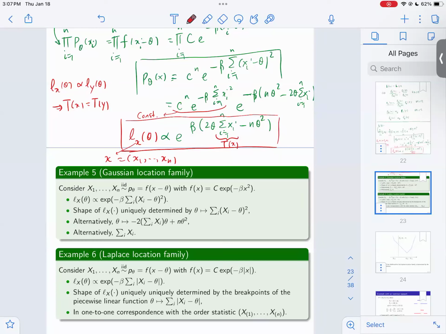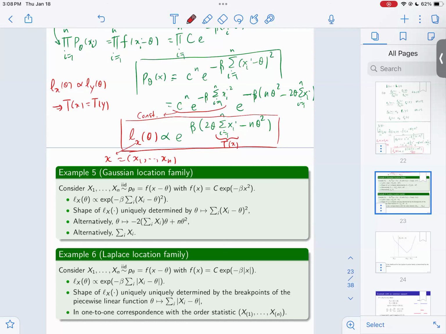I'll have to think about it. But the easiest way of seeing that this is the case is that you look at this, and I completely write down the shape of it up to the constant. So this argument is immediately right.